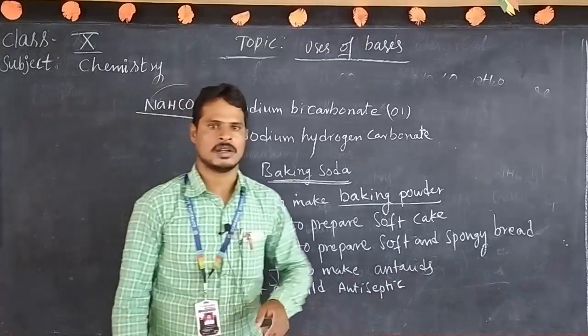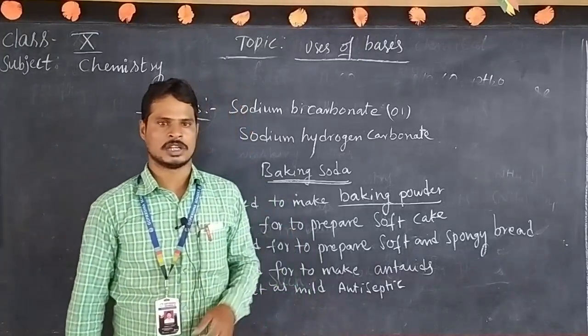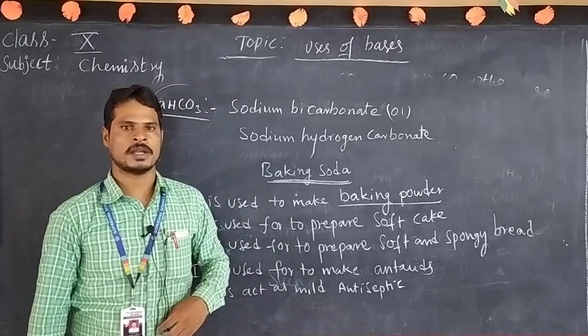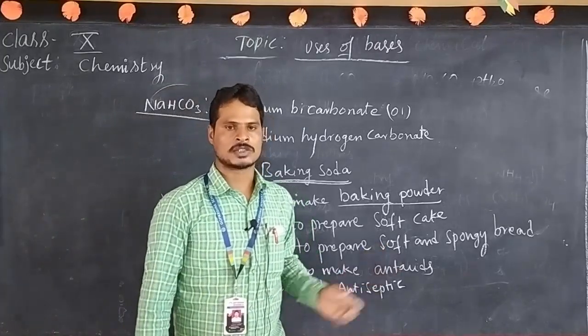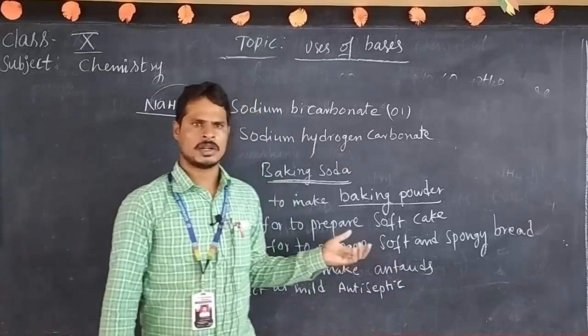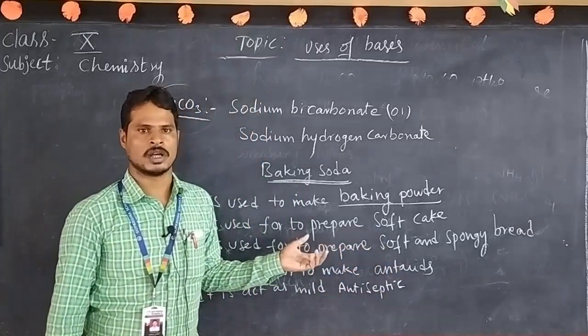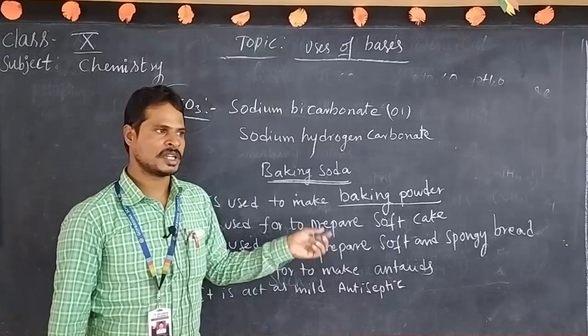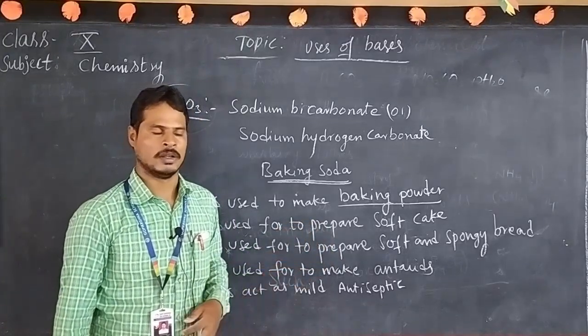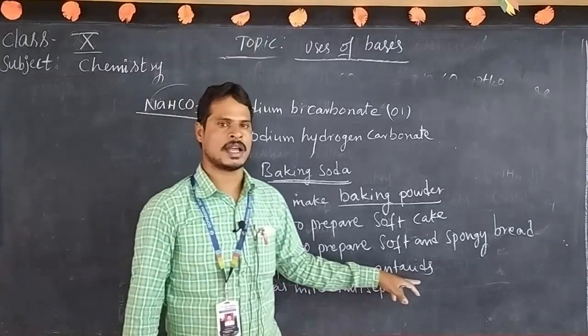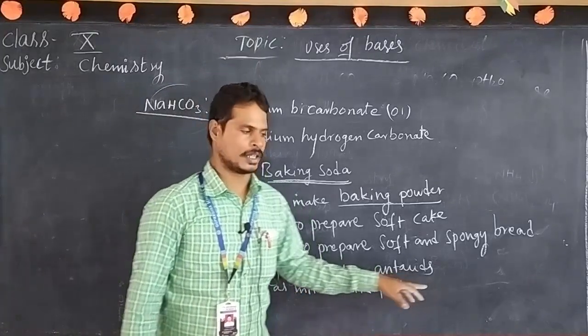Suppose in our homes your mother gives you one solution when we suffer from stomach pain, children, to take baking soda immediately. We use baking soda in our day-to-day life for cooking purposes. When we take a little amount of baking soda, we get relief from the pain. That's why it acts as an antacid.